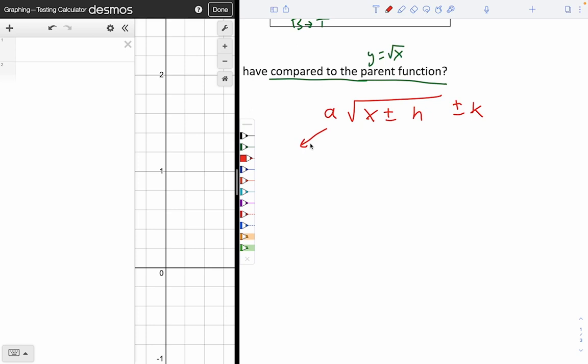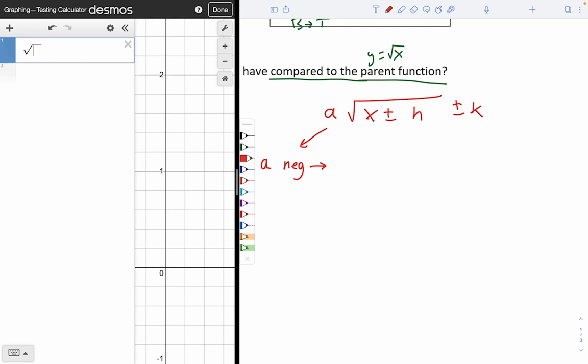The first transformation that the a value can cause is when a is negative. So if a is negative, what transformation does that cause? Okay, we need a review.